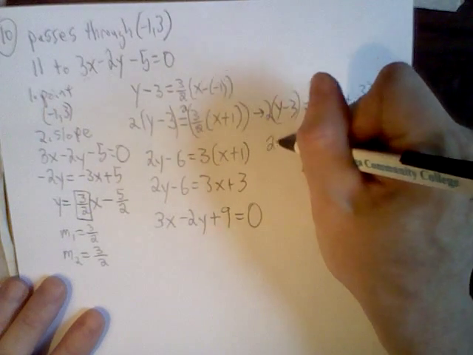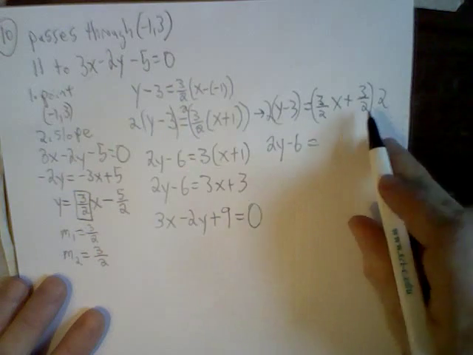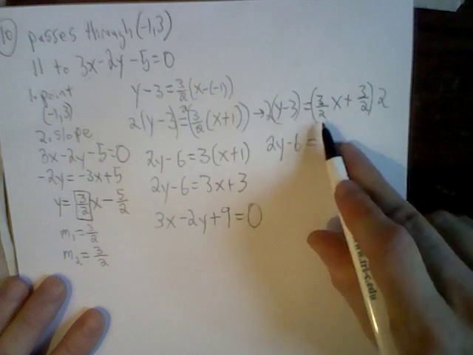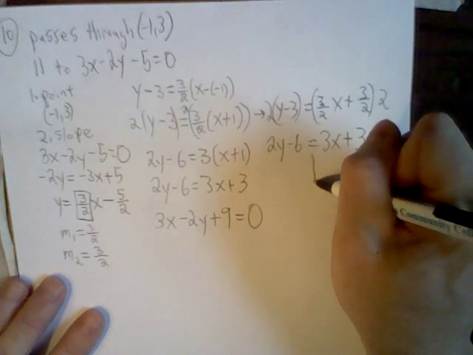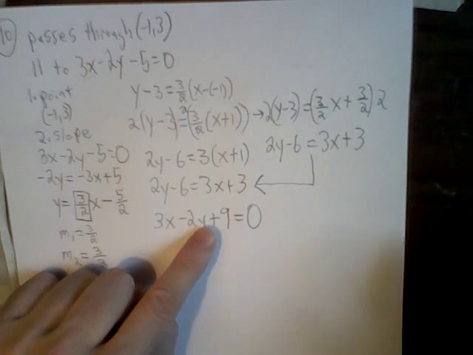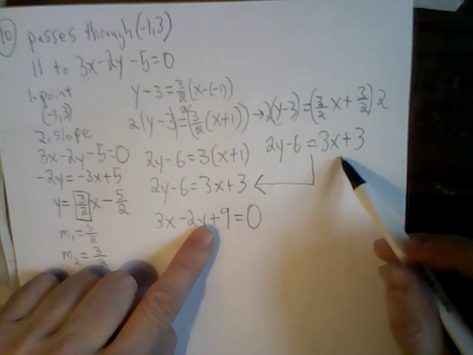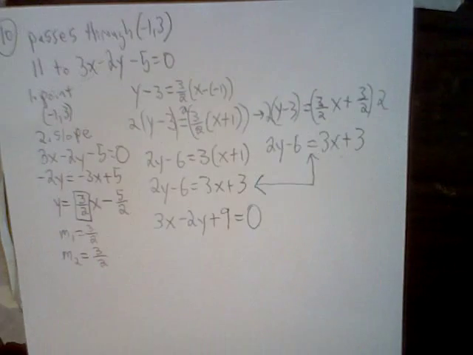Here, 2y minus 6. Over here, the 2's will divide out on each multiple. So you'll end up with 3x plus 3. In other words, you basically just saved yourself a step. So you're getting to the same place is what I'm saying, whichever way you do it. It's just, that was the first way that came into my mind.